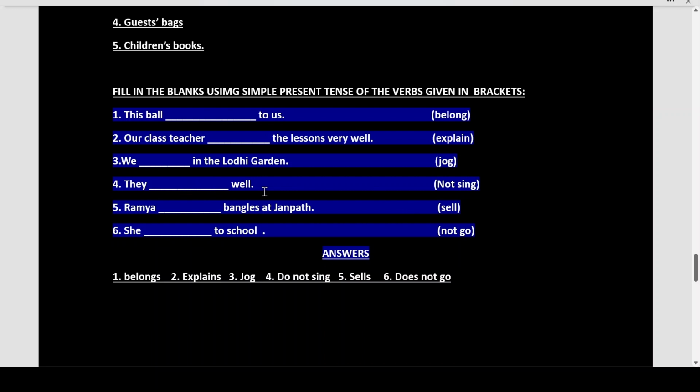This is a negative sentence. Ramya dash bangles at Chandni Chowk. Ramya is a singular subject, so it will be followed by the singular verb sells. Ramya sells bangles at Chandni Chowk. She dash to school, not go. She does not go to school. So this is how you will do the simple present tense of the verbs given in brackets exercise.